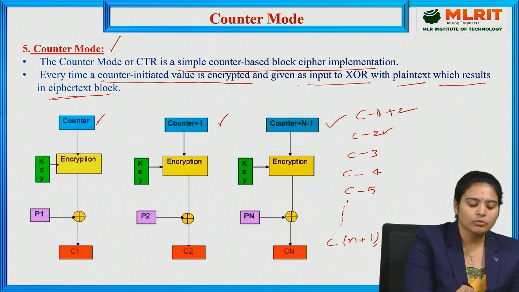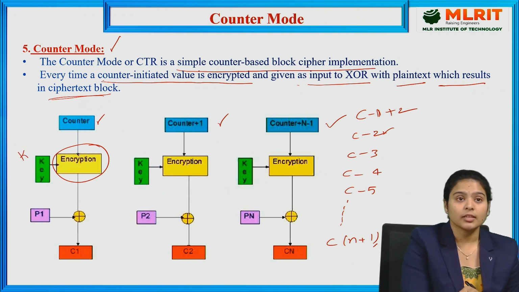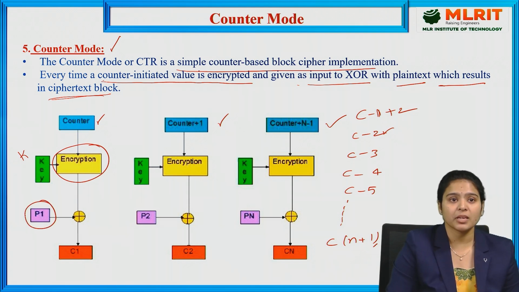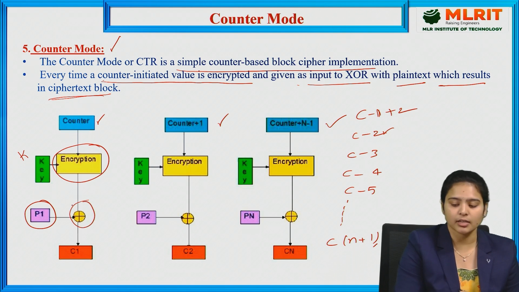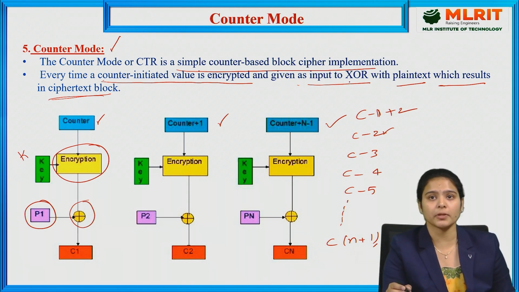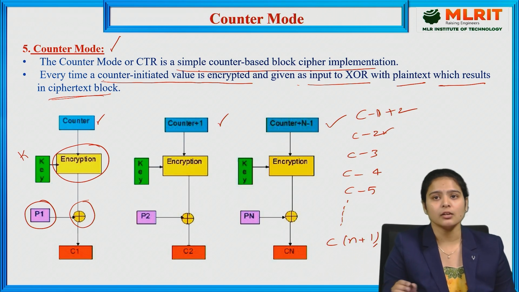So here the counter is taken as an input, using the key K to encrypt it, and it is combined with the plaintext P1. After getting the plaintext P1, we do the XOR operation. It is already given here: the input to the XOR operation with the plaintext results in the ciphertext block.